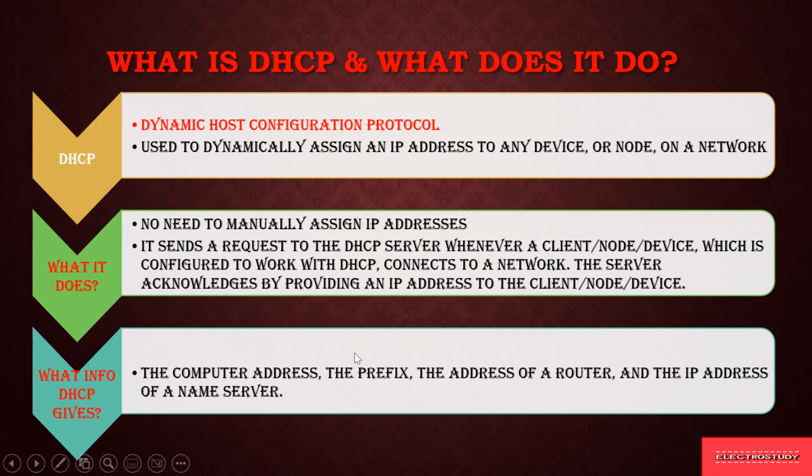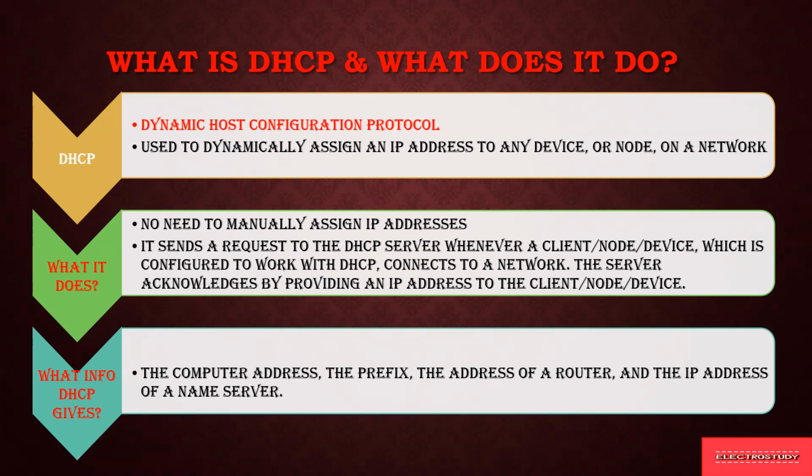Now, what information will your DHCP give you? The IP address that it assigns dynamically has some pieces of information in it. It will give the address of the computer, a prefix value, the address of the router, and finally the IP address of the server. It is very simple.